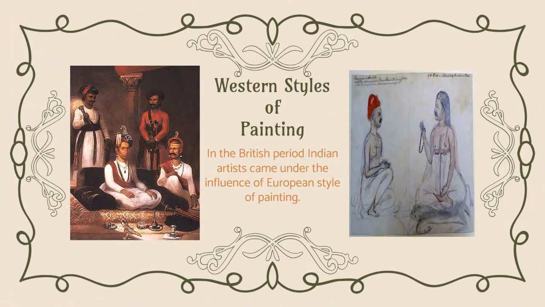The other type of painting that comes under art of paintings is known as the Western style of paintings. In the British period, Indian artists came under the influence of the European style of painting. An art school was established under the leadership of James Wales, a Scottish artist, in the times of Savai Madhavrao Peshwa in the Shaniwar Wada in Pune.